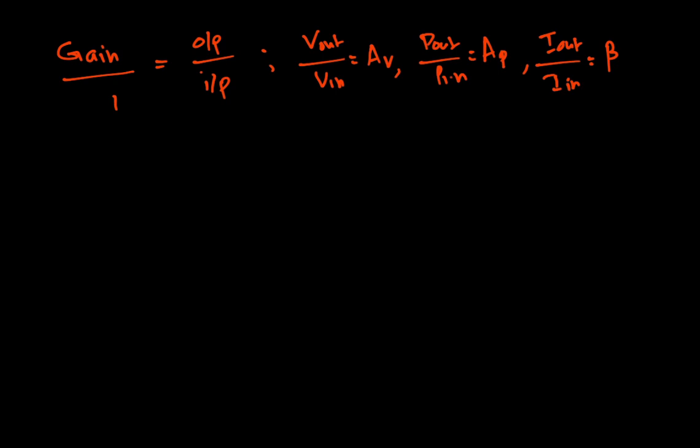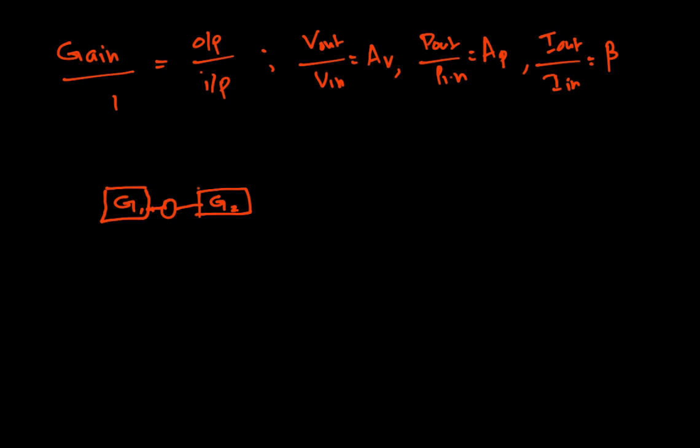This is the case of a single stage transistor amplifier. The gain is the ratio of the output electrical quantity to the input electrical quantity. Now for a multi-stage amplifier, we know that different stages are connected by means of a suitable coupling device. Suppose this is one stage of amplifier and this is another stage of amplifier, connected by a suitable coupling device. Let G1 be the gain of the first amplifier and G2 the gain of the second amplifier.